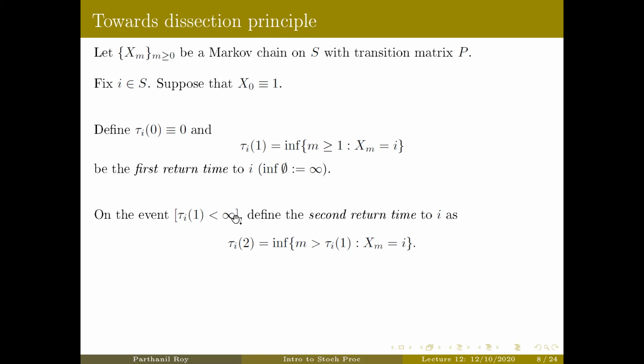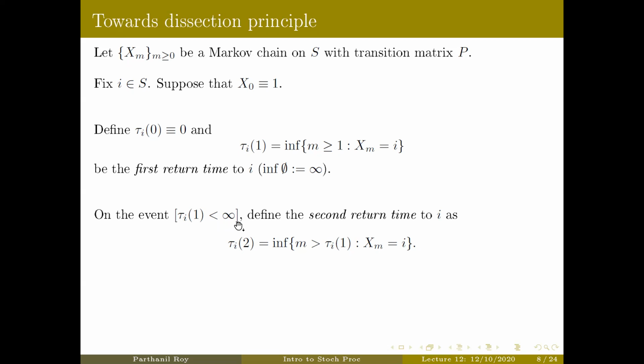Now you would say, okay, this is not even well defined. It is true that it is not well defined, but we are not going to bother about that. We are only going to define this on that part of the sample space where the first return time is finite. So if tau I1 is infinite, then the second return time is not even defined.